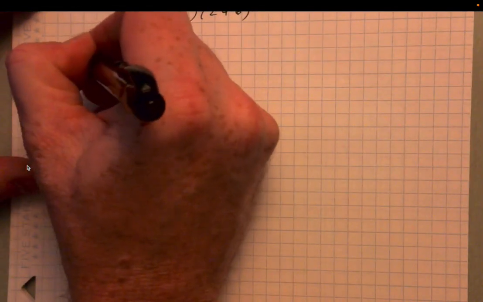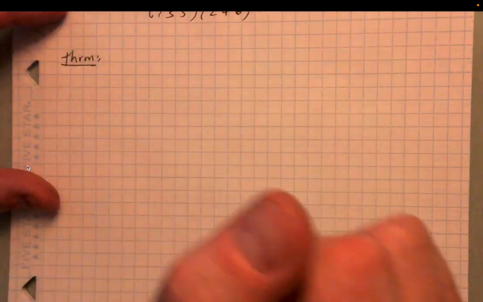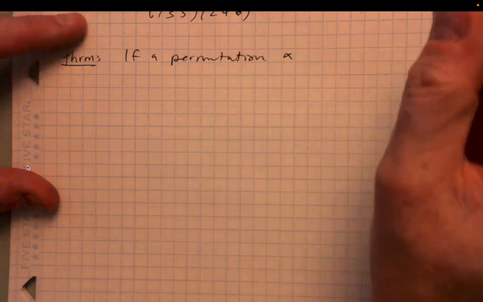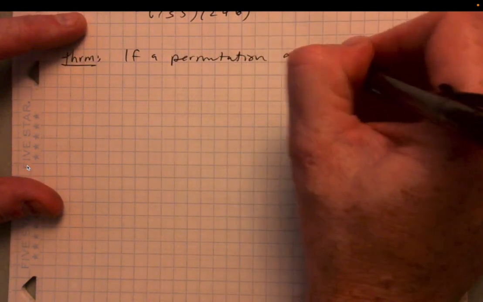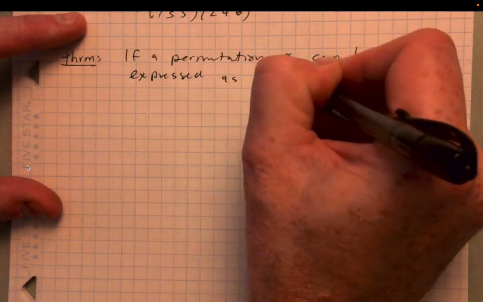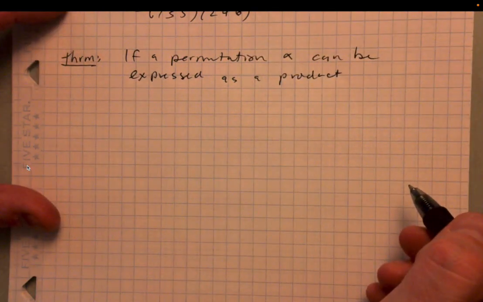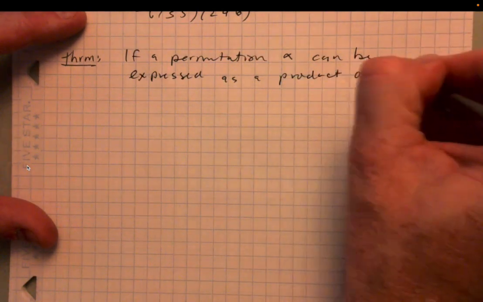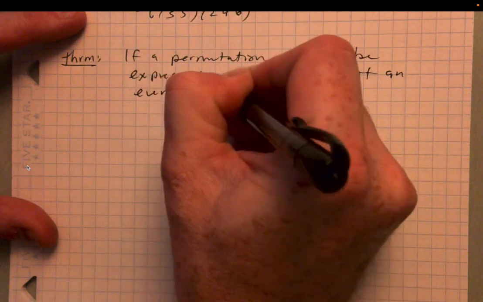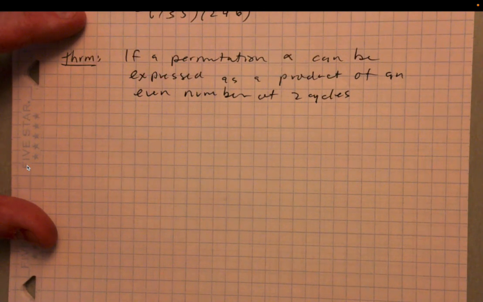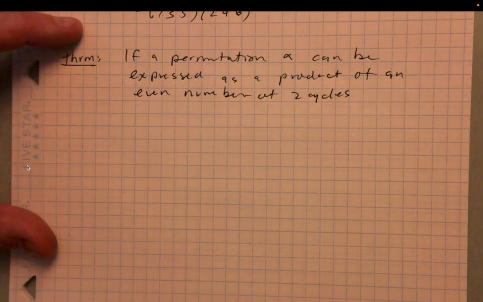So, theorem: if a permutation alpha can be expressed as a product of an even number of 2 cycles, then every decomposition of alpha into a product of 2 cycles must have an even number.